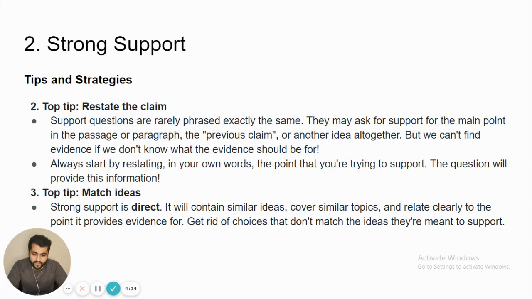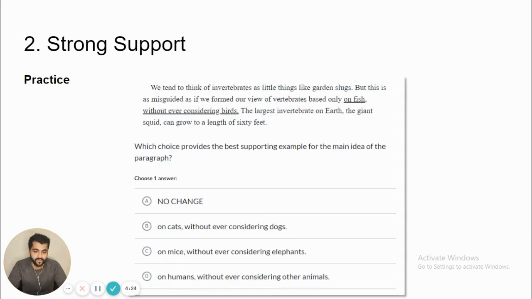If you look at tip number three, it says strong support is direct. It will contain similar ideas. So the idea that has been mentioned in the passage, which is not underlined, should be matched by the underlined part. As we have discussed earlier, in the non-underlined part, it says that invertebrates are small and invertebrates are large.